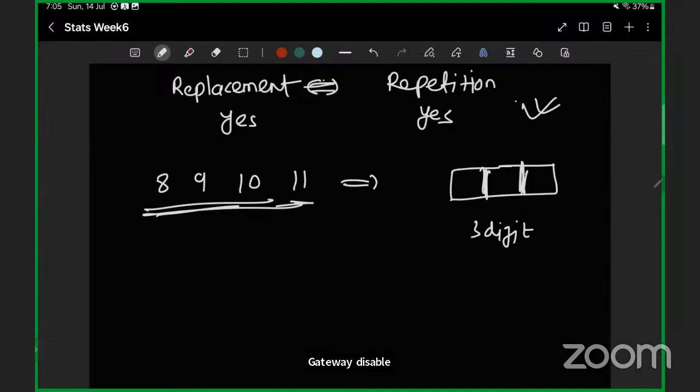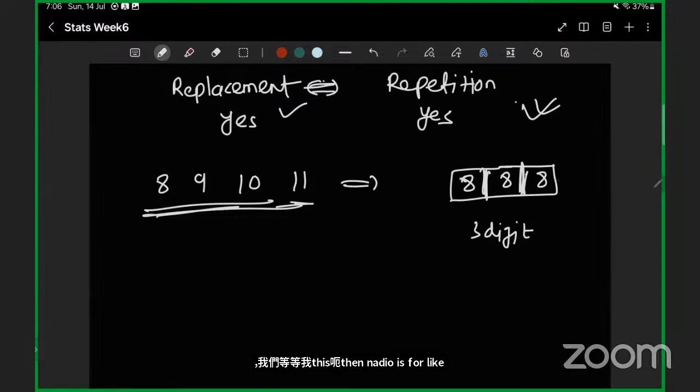So this repetition is like replacement being yes. Replacement means I'm not excluding anything. Let's say 8 is chosen here as a number. Then in the next position, 8 can also appear again, and it can come again after that. This scenario is called replacement being possible, or repetition.